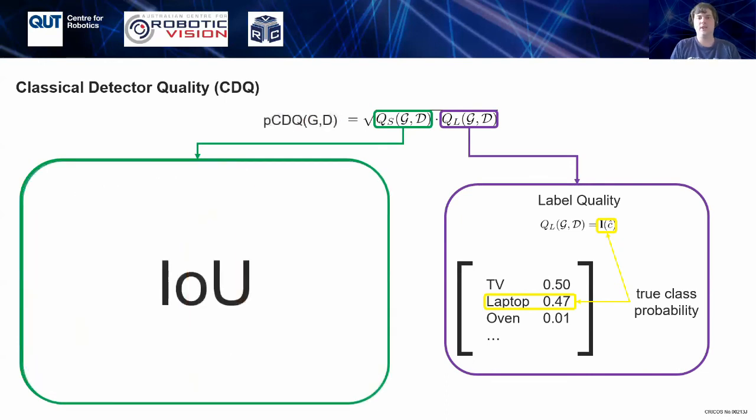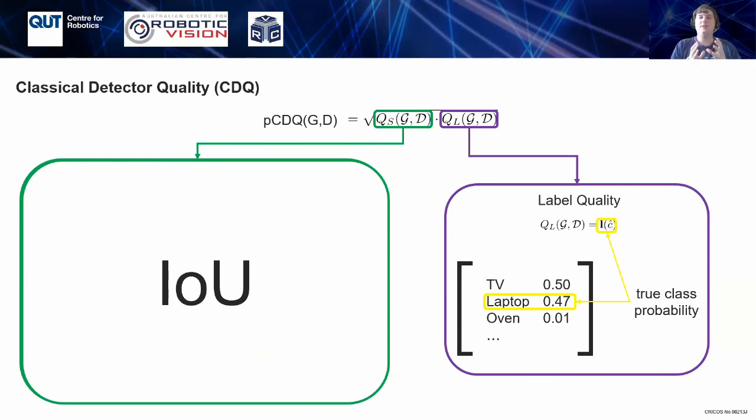Just by simply changing the spatial quality measure to IOU, you'd have something approximating what PDQ is able to offer, but for a classical object detector. Being able to get all of these subcomponents, being able to look at exactly how many true positives, false negatives are created, etc.